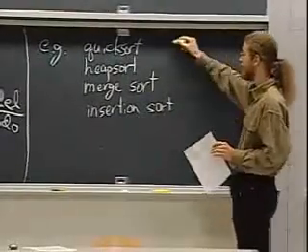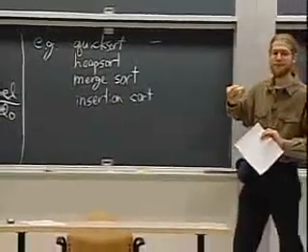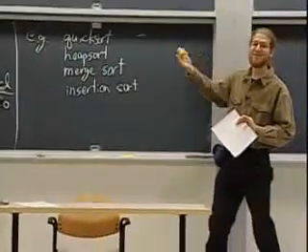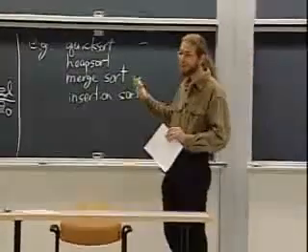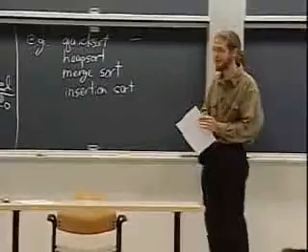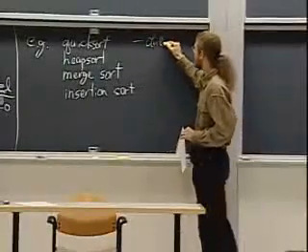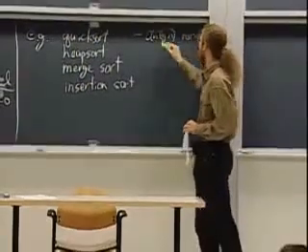So what is the running time of quicksort? This is a bit tricky. N log n in the average case, or if we randomize, quicksort runs in n log n expected for any input sequence. So let's say n log n randomized. It's even a theta.